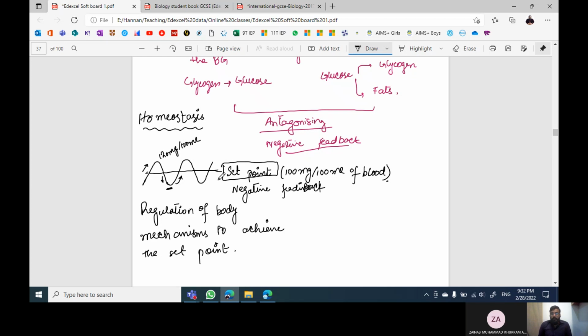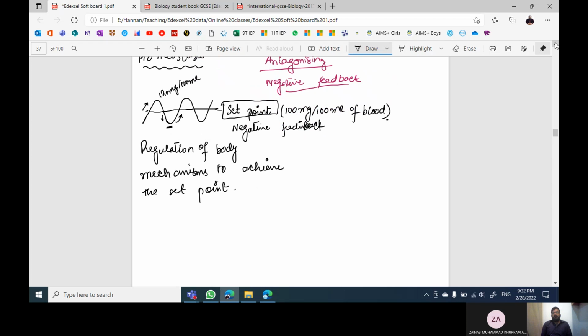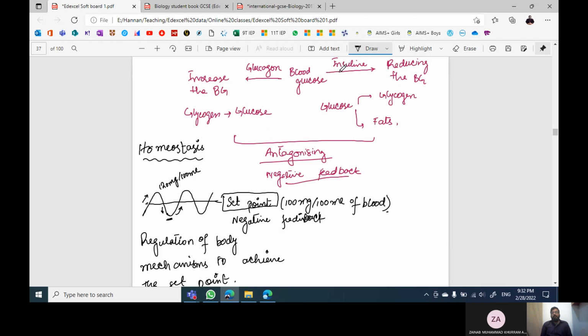Now, my point is, if we have insulin in our body, it should be at a very careful amount in the blood, because the amount of sugar must not reduce below 80 mg per 100 ml of blood.